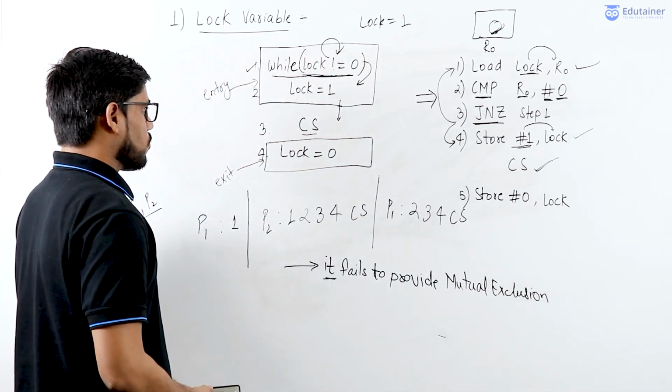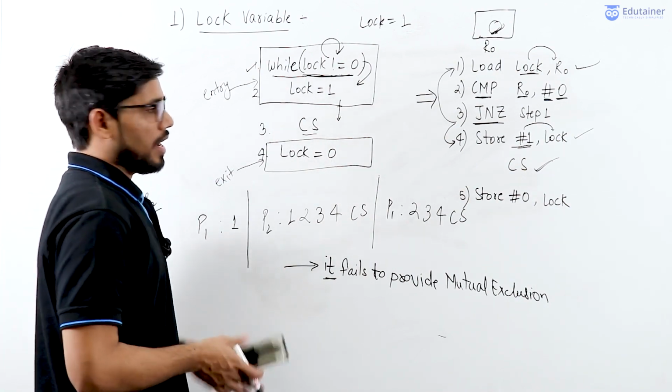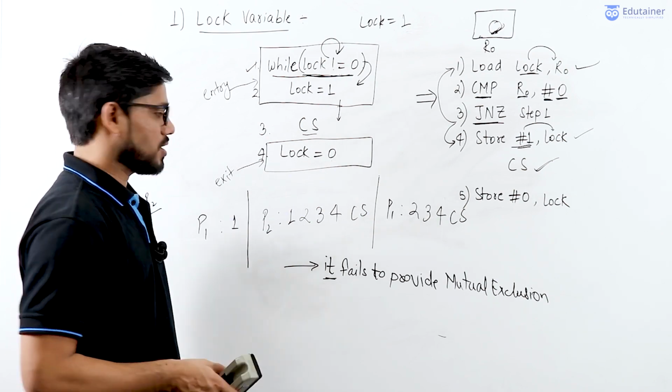Let's say there are n processes available in the operating system, and this lock variable definitely allows n processes to get in.